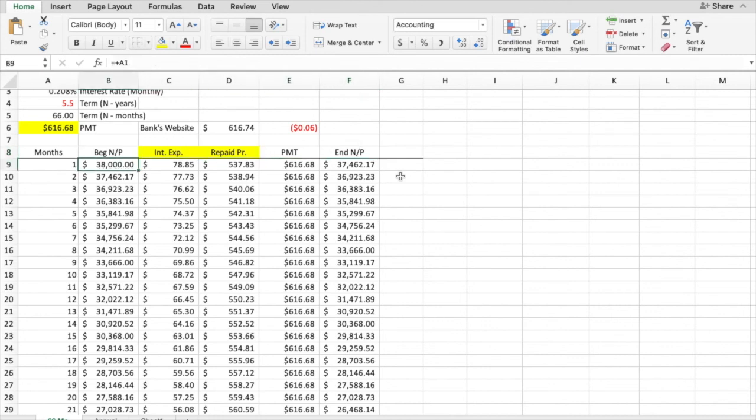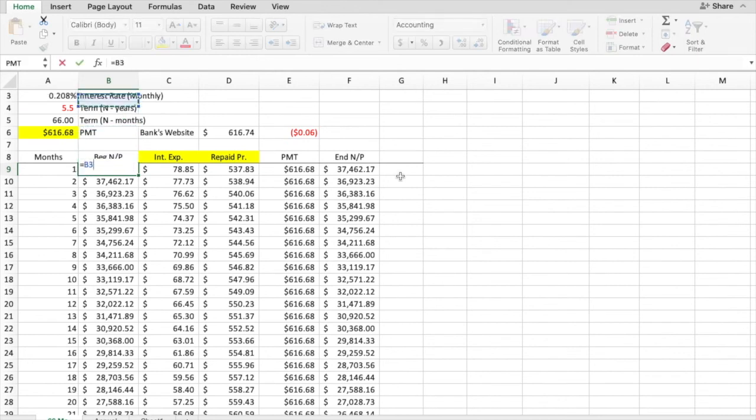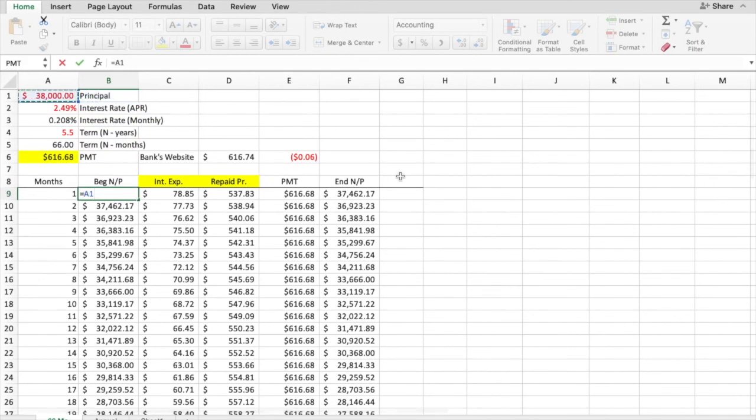Well, if I link this to A1, then it puts that in that cell for me. The interest expense, which is taking the beginning note payable amount, the blue cell here, multiplied by the monthly interest rate, which is the red highlighted cell up there, then it'll calculate it for me.